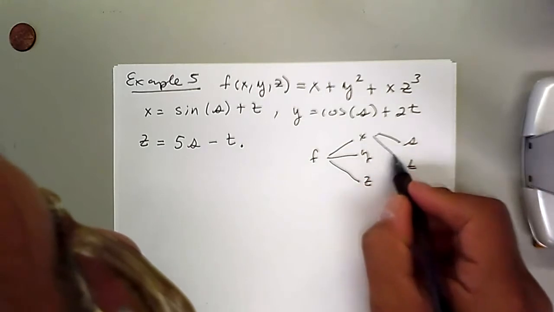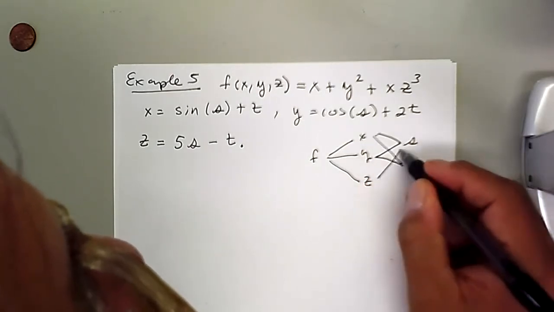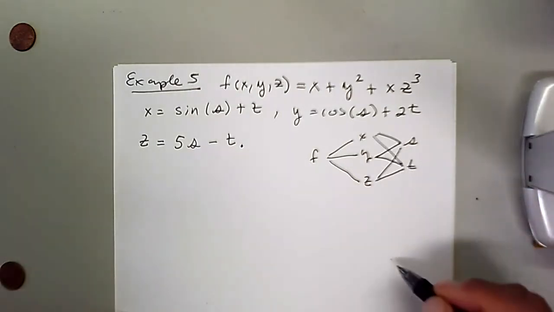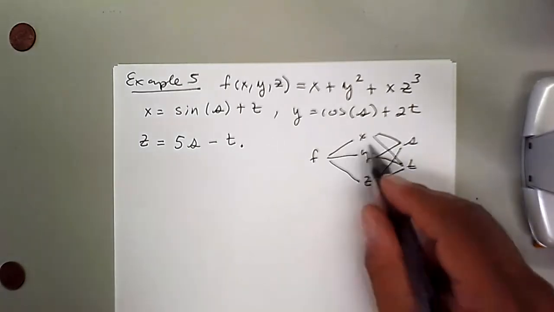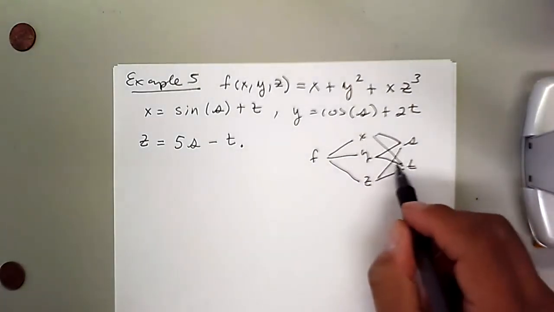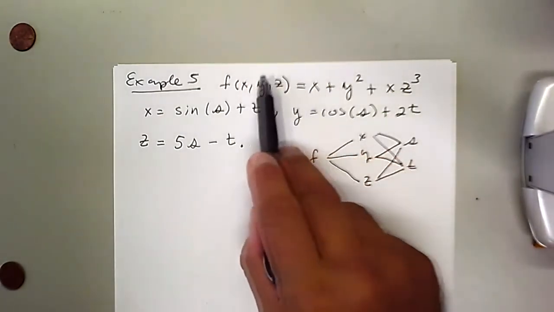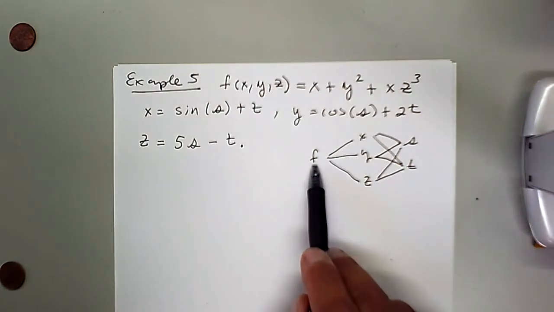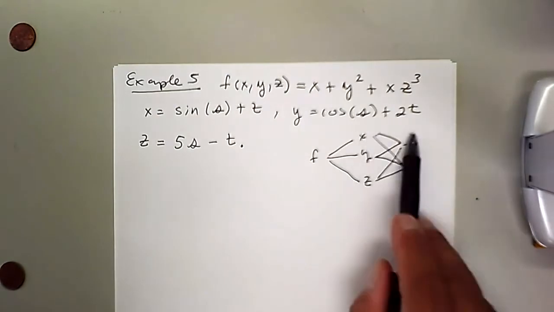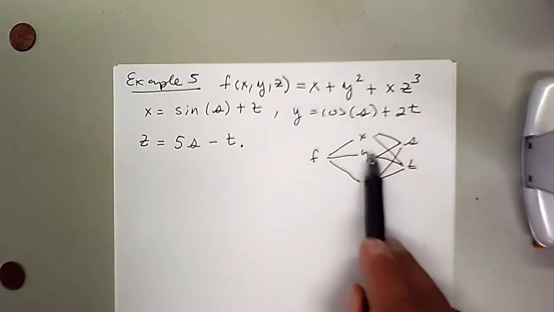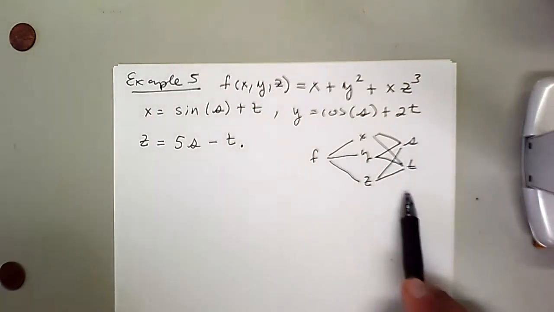So x depends on s and t, and so does y, and so does z. That is the situation right now. And that's why we need one formula that relates f with x, y, and z, one formula that relates x with s and t, one formula that relates y with s and t, and one formula that relates z with s and t.